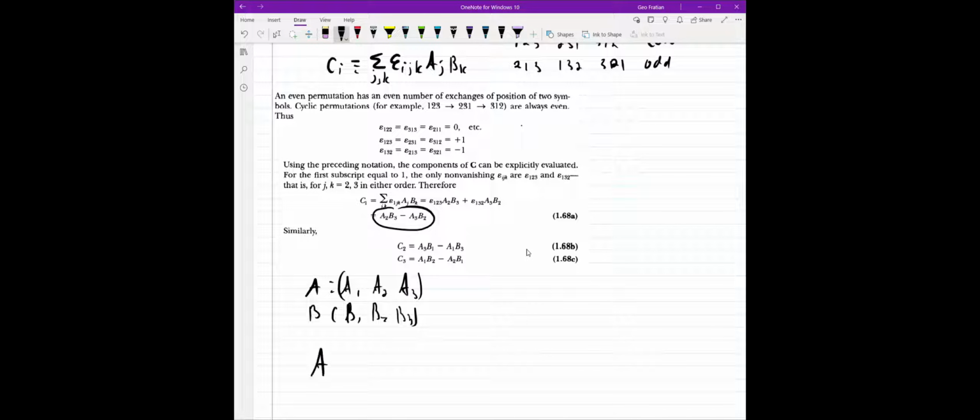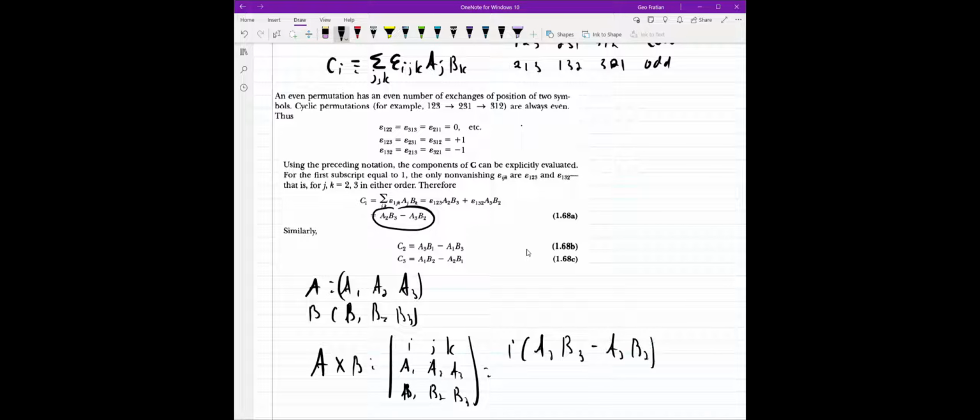What you do is you say A cross B is equal to the determinant of I, J, K, A1, A2, A3, B1, B2, B3, which we know is just equal to I times (A2 B3 minus A3 B2).